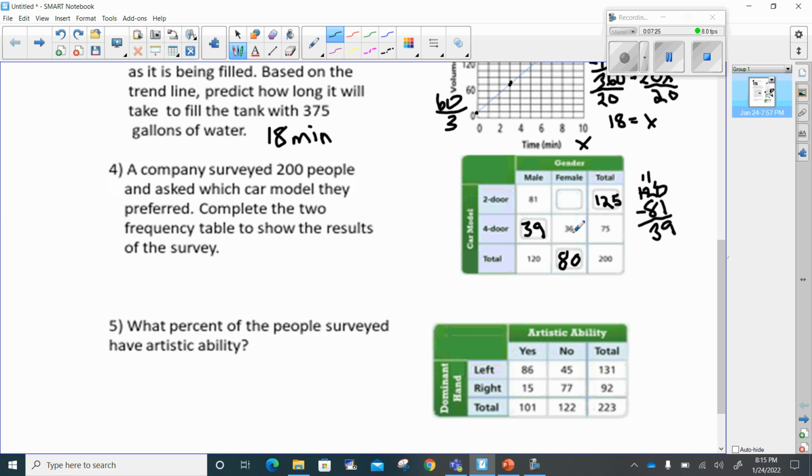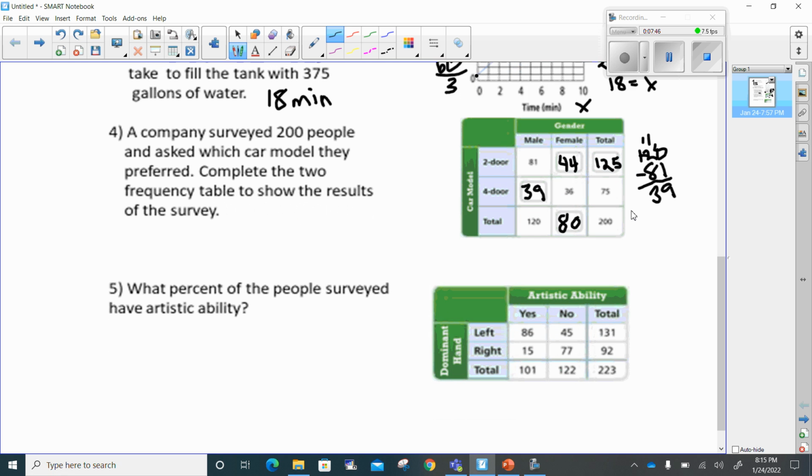Next, what plus 36 equals 80? I don't need anything to solve this. 44. I know that because 4 plus 6 is 10. Carry the 1. It'll be 5, 6, 7, 8. And that's how we complete our frequency table.